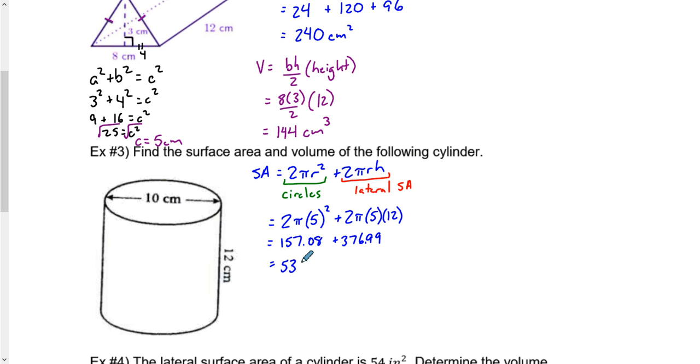We get 534.07 centimeters squared. Kind of rule of thumb is do go to 2 decimal places, so I'll actually fill that in more.